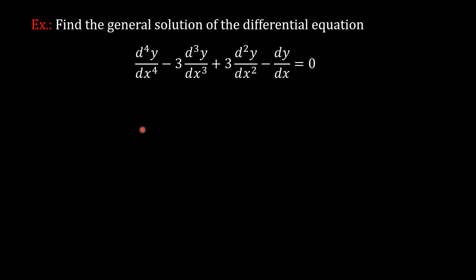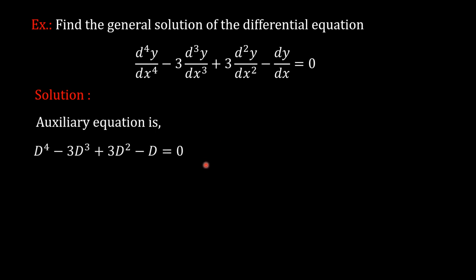Again, get the auxiliary equation, for which replace d raised to 4 upon dx raised to 4 by capital D raised to 4, d cube upon dx cube by capital D cube, d square upon dx square by capital D square, and d upon dx by D, and take y common. Whatever phi of D we are left with, equate it to 0.